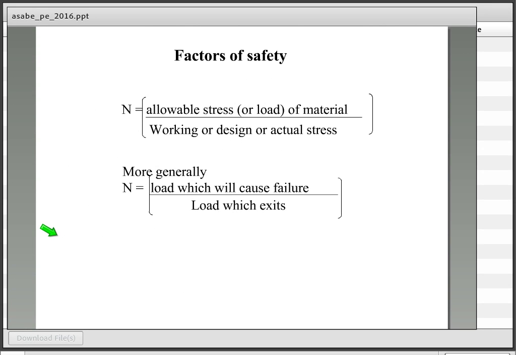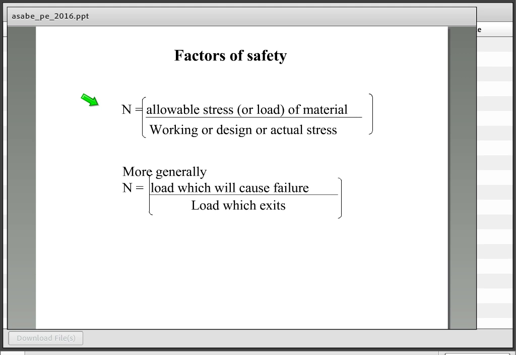So that is a little basic review of some of the things that you'll run into as a designer. But the other thing you'll be faced with as a designer is what we would call perhaps a factor of safety.